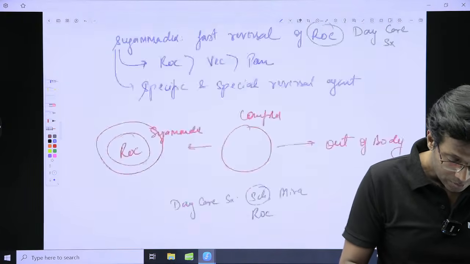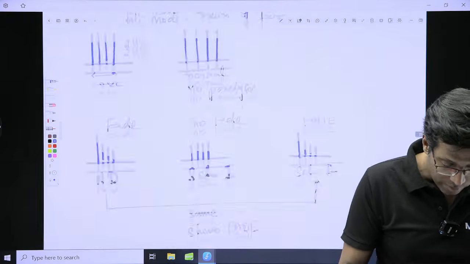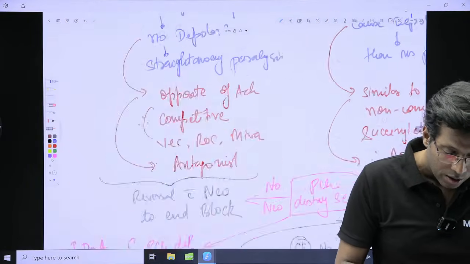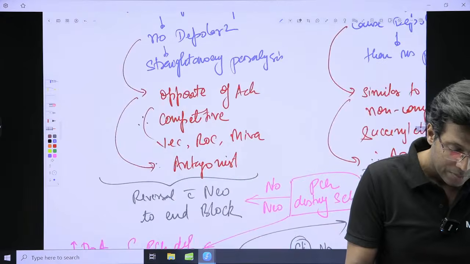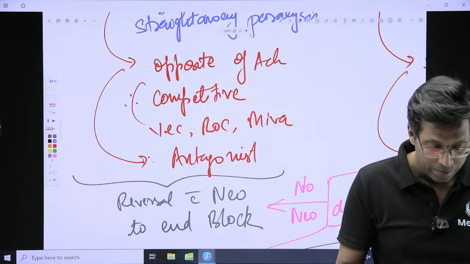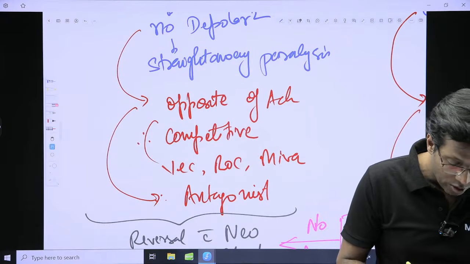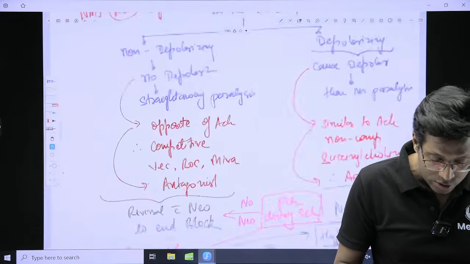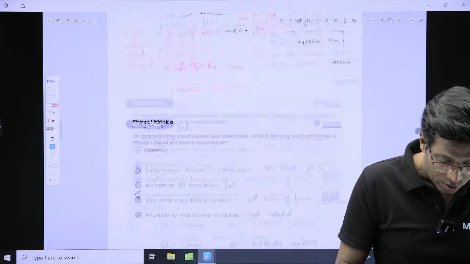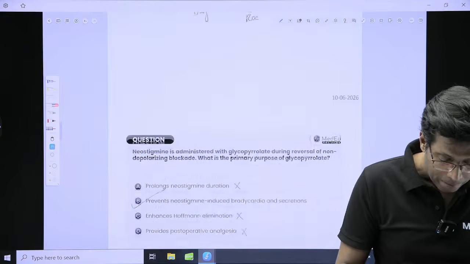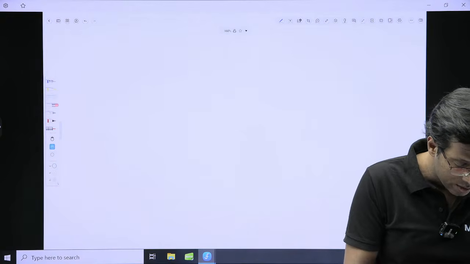Remember, the mechanism of action here is, non-depolarizing drugs are opposite of acetylcholine, and that's why they are competitive in nature. Competitive means whichever is stronger gets to sit on the receptor. If vecuronium is strong, it will sit on the receptor. If acetylcholine is strong, that will sit on the receptor.